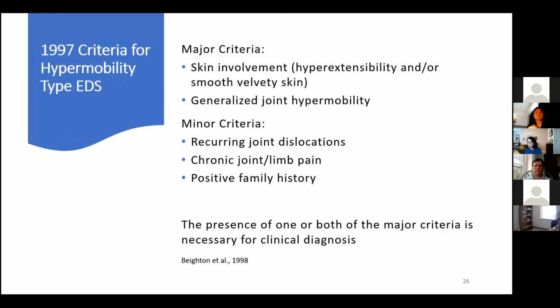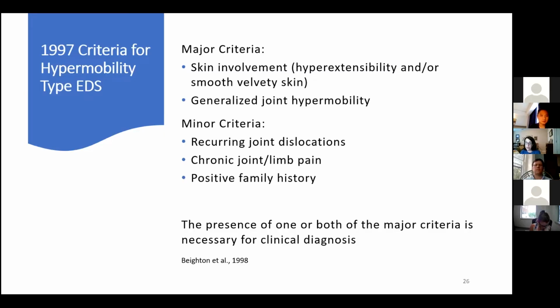So just to go back to the 1997 criteria for what we were calling the hypermobility type of EDS at that time. This was a publication, Peter Beighton was the first author, in 1998. And the major criteria then were skin involvement with hyperextensibility and/or smooth velvety skin, and generalized joint hypermobility.